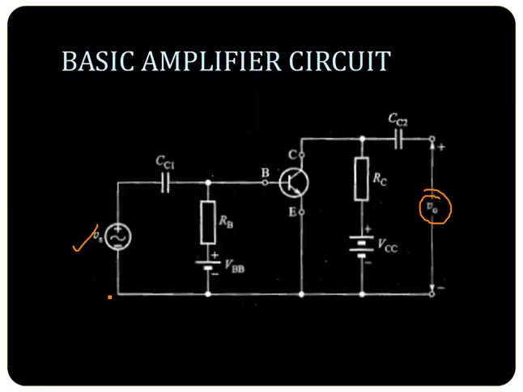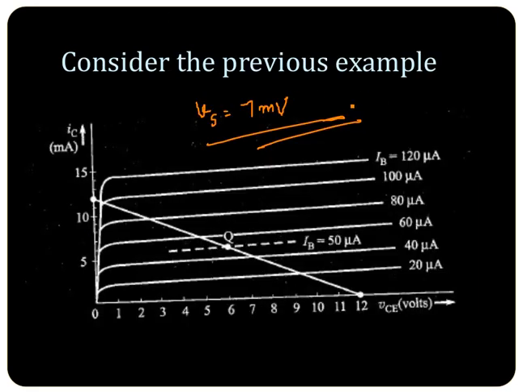What will be the peak value? It will be approximately 10 millivolt. If the RMS value is 7 millivolt and the peak is 10 millivolt, the peak to peak variation will be 20 millivolt.